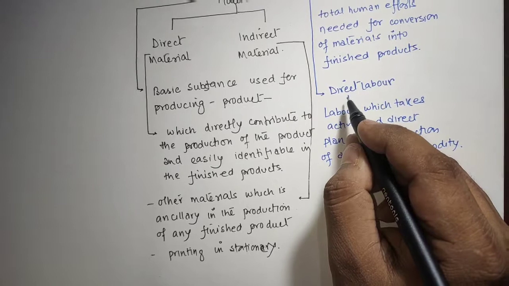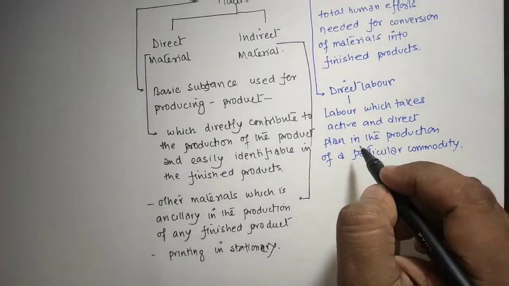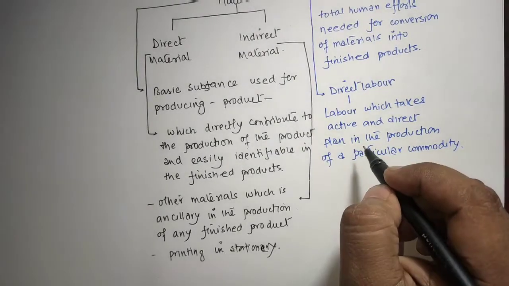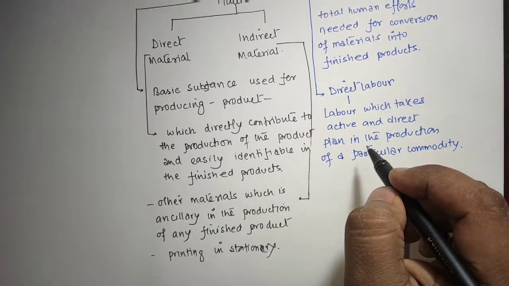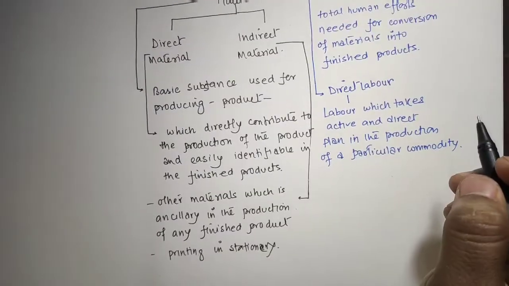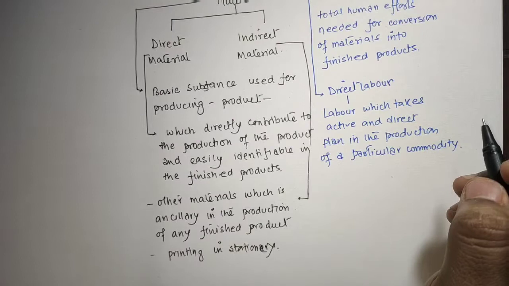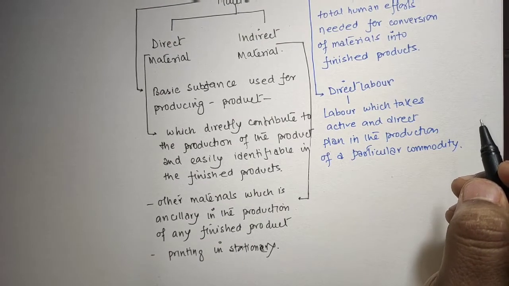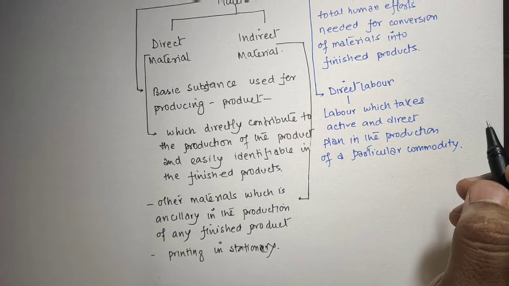These direct labor are directly correlated to any specific activity of production. Example: process labor, productive labor, operating labor, manufacturing labor, direct wages, etc.